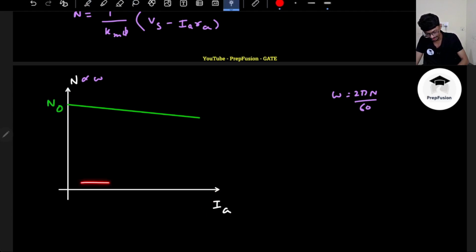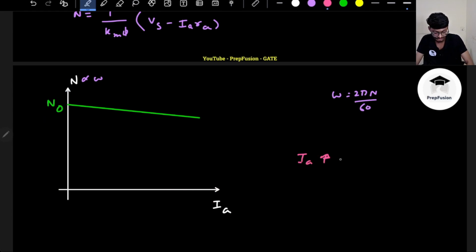Now if the load current increases, what will happen? If Ia increases, we have not discussed armature reaction yet. So armature reaction increases.